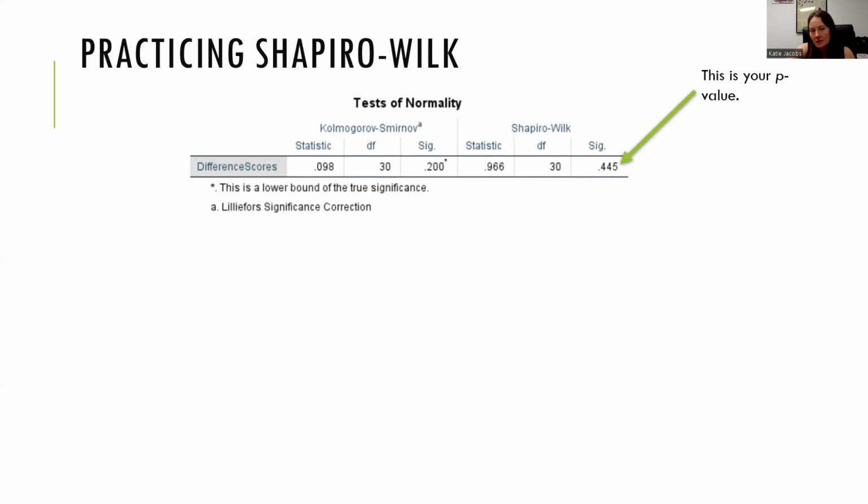We'll see a statistic, we'll see our degrees of freedom, and then we'll see Sig., and that is actually our p-value. So when testing for the Shapiro-Wilk test for this class, I will provide that for you. And then you will just have to look at it and determine whether or not you meet or violate the normality assumption.